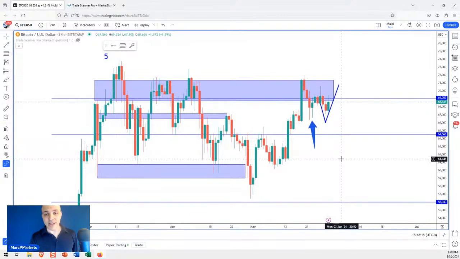So we're now in an environment where volume becomes less and less, slowly. That's a meaningful piece of context, specifically if you're a day trader, because lower volume means lower momentum. And the TradeScanner Pro needs momentum in order for trades to have a higher probability of success. So that's one form of context.